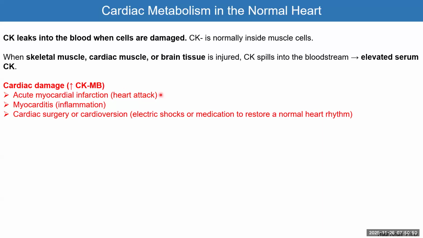That could tell us there's a myocardial infarction taking place, or an inflammation, or some sort of effect on the heart, such as the heart having gone through lots of cardioversions, electric shocks, that affected the heart.